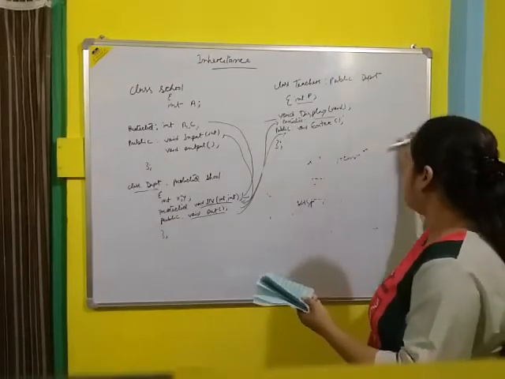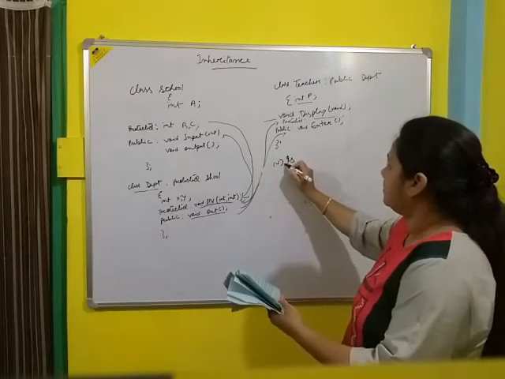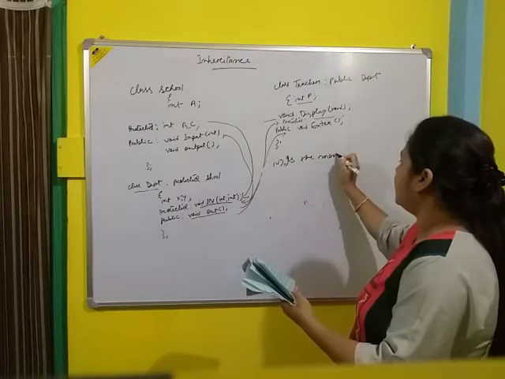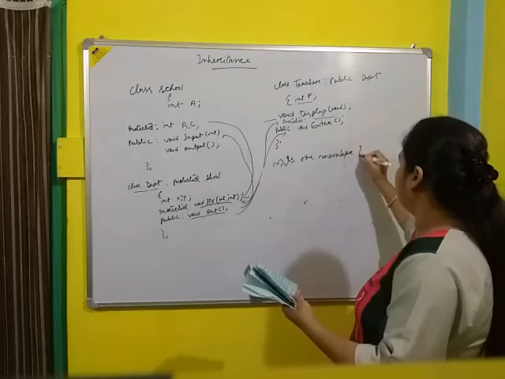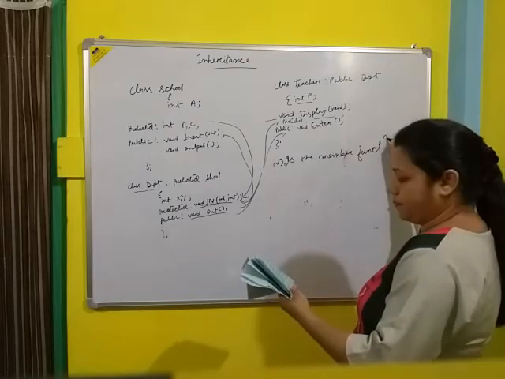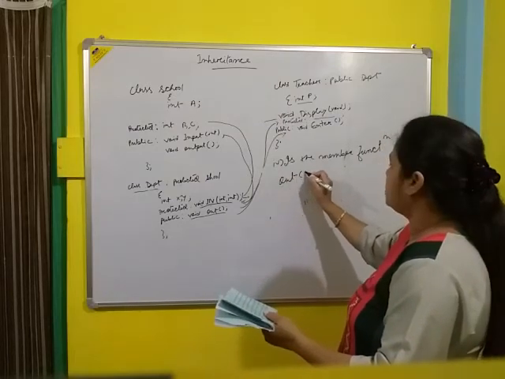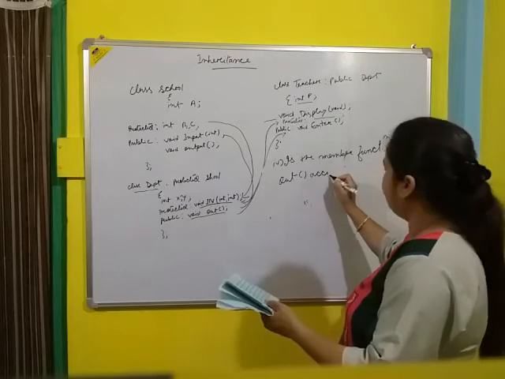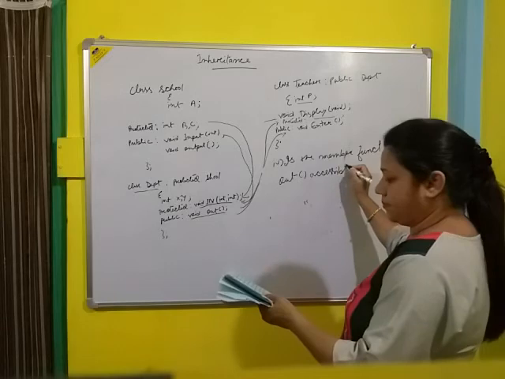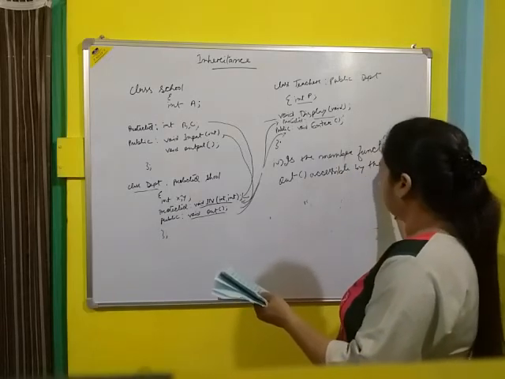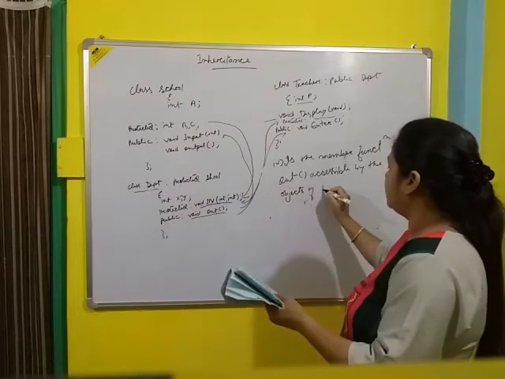The last question is: is the member function out accessible by the object of department?